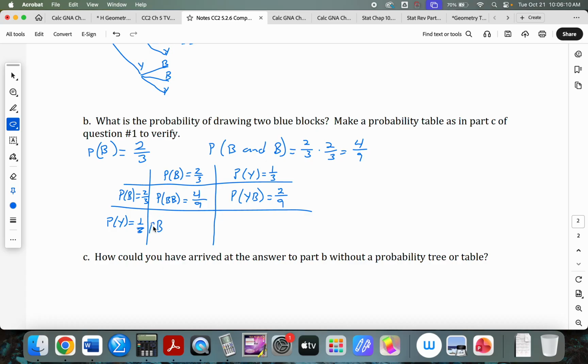Probability of drawing a blue then a yellow is 2/3 times 1/3. That's also 2/9. And the probability of drawing the yellow both times is 1/3 times 1/3, which is 1/9.